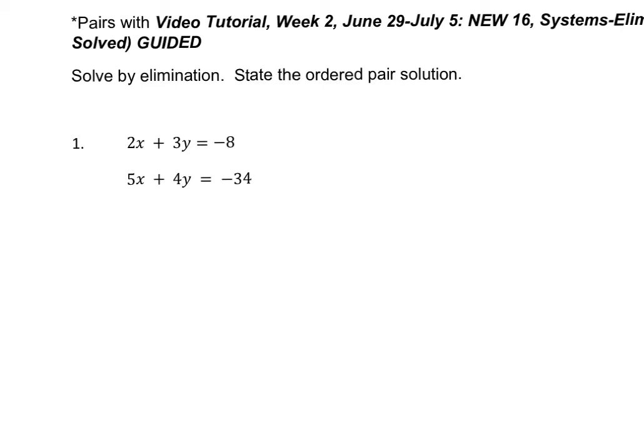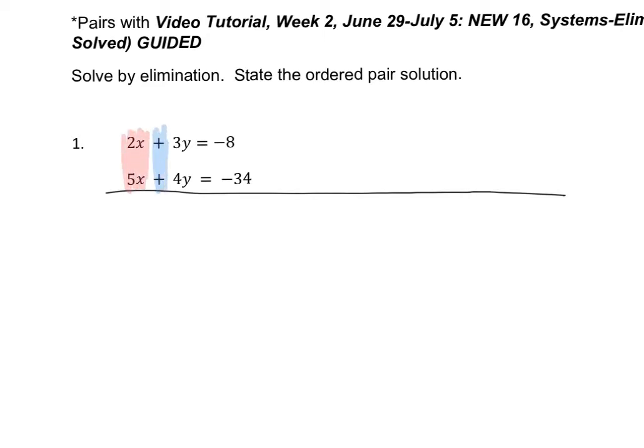We looked at what it takes to solve one where you needed to multiply one of them by multiplication to get it ready to solve by elimination. When we look at something like this, it doesn't look ready because the signs are not set up, and it doesn't look like any of the numbers are set up either.